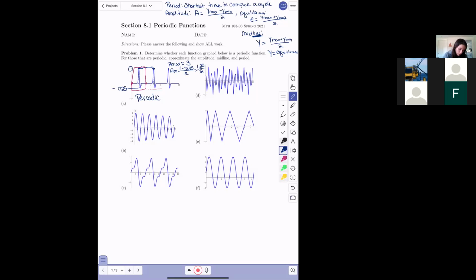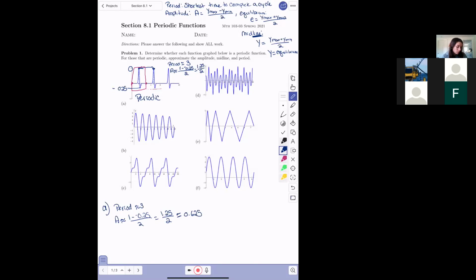I guess I'll do this down here. So I said the period is about equal to 3. The amplitude is about equal to 1 minus negative 0.25 divided by 2, which is equal to 1.25 divided by 2, which is exactly 0.625. So that's your amplitude.